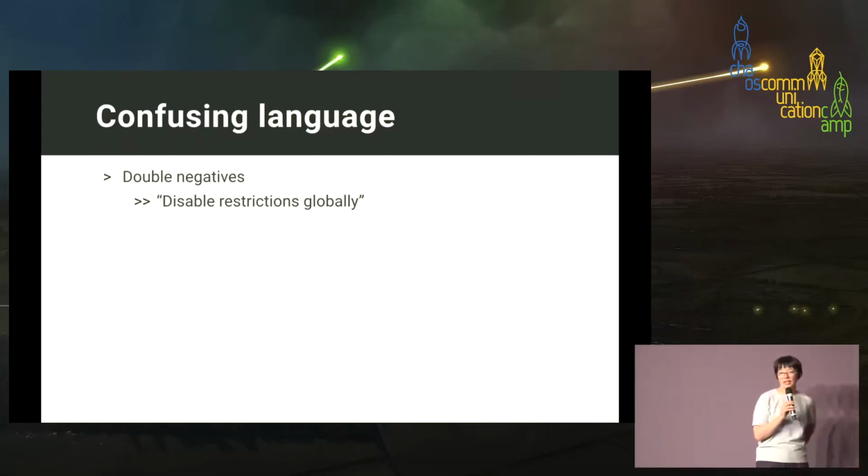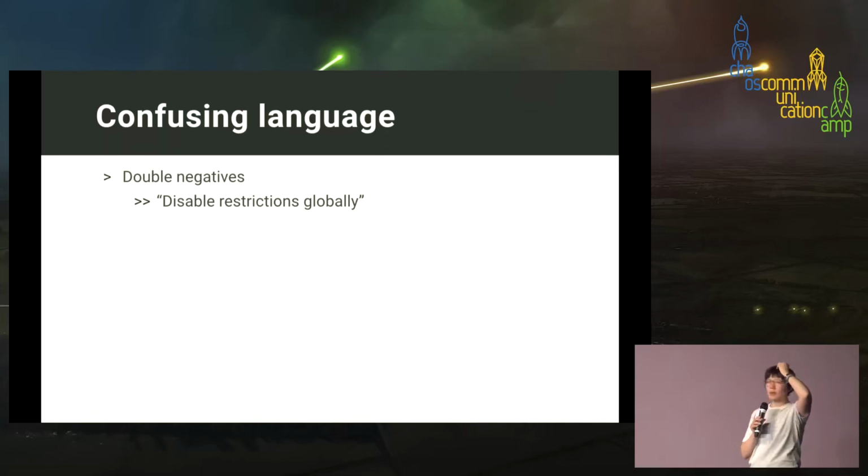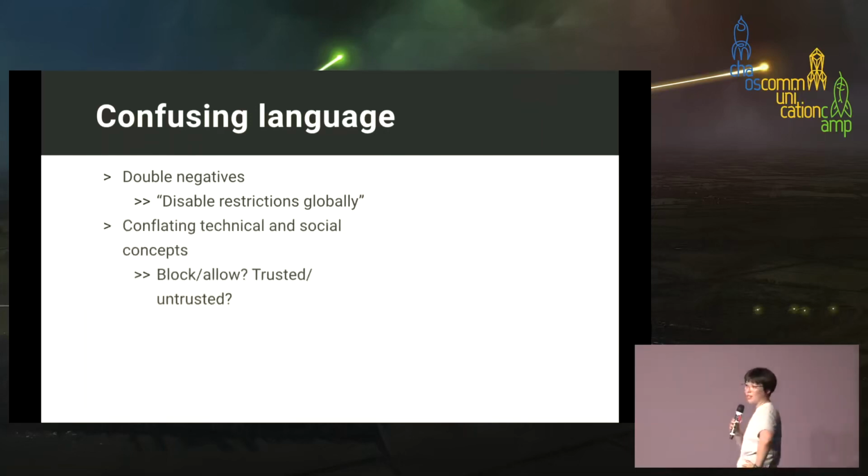So something like disable restrictions globally. And that's what I mean with the mental model, right? You're computing again. Disable restrictions globally. So there are restrictions first, which is already kind of a negation, and then you can enable or disable them. Okay, so you have to kind of do two logical operations there. Well, that just requires some thinking.